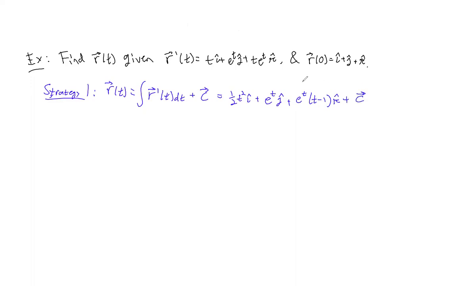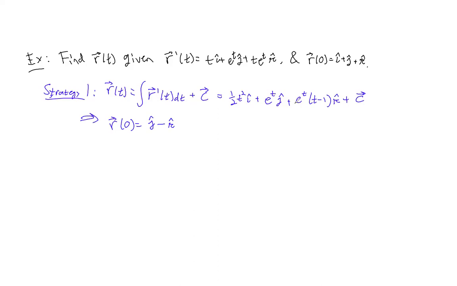Plus some constant c. Now we know that r of 0 is i plus j plus k. So what that tells us is if we plug r of 0 in here, we're going to get 0 for i and 1 for j. So that's j minus k, right? Why minus k? Because you plug in 0 to e to the t times (t minus 1).